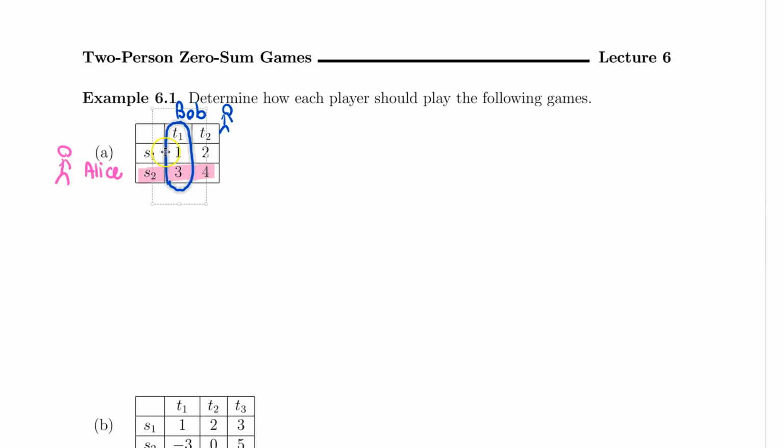On the other hand, if Bob chooses the second column, then 4 is better than 2. So no matter what Bob does, it's always going to be better to choose the bottom row. In this case, we will say that the bottom row dominates the top row, or the strategy S2 dominates strategy S1. So for Alice, S2 dominates S1. And this is how Alice should play the game.